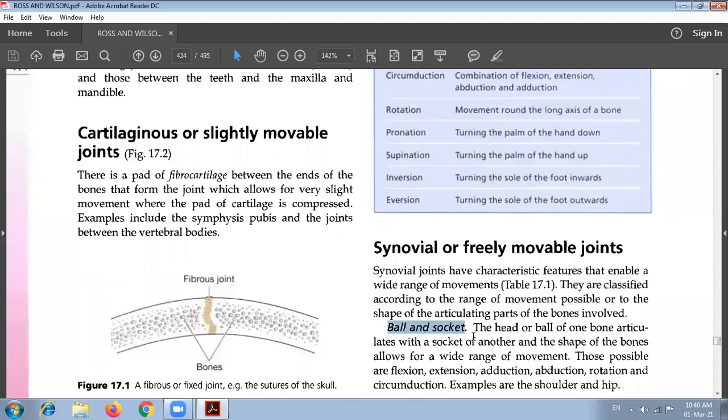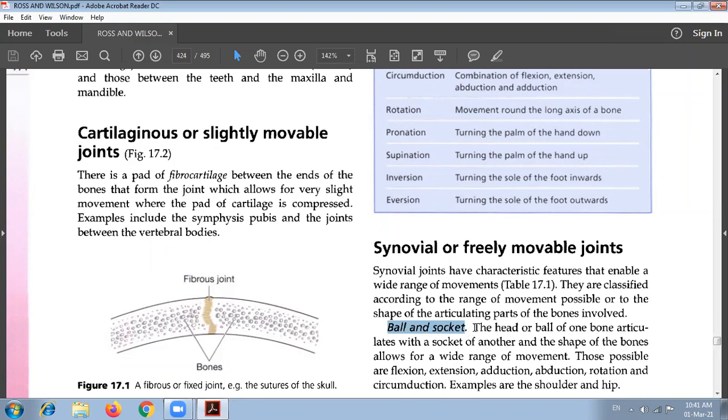The name itself indicates that one bone has a ball, and the other bone has a socket. So they get fixed together, and this movement is allowed in the ball and socket joint.